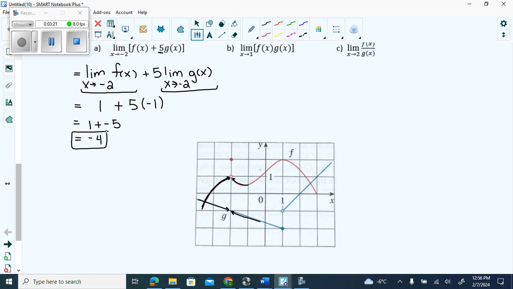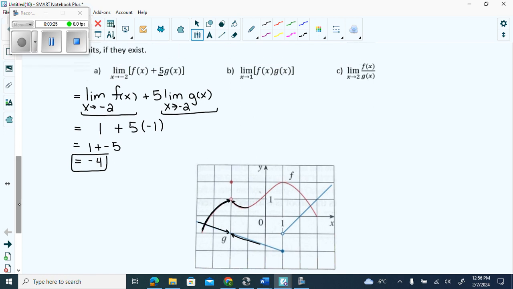Okay, the next one is multiplication. So I can actually split that up into two limits just being multiplied together. So instead of the limit as x approaches 1 of f of x times g of x, I can go the limit as x approaches 1 of f of x times the limit as x approaches 1 of g of x.